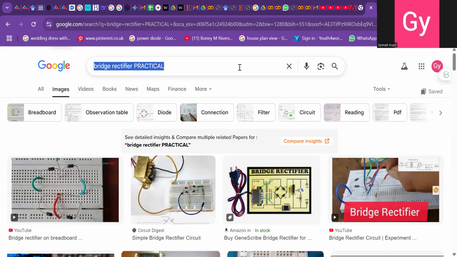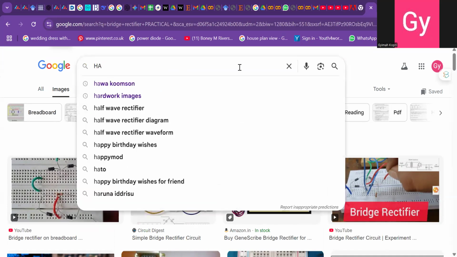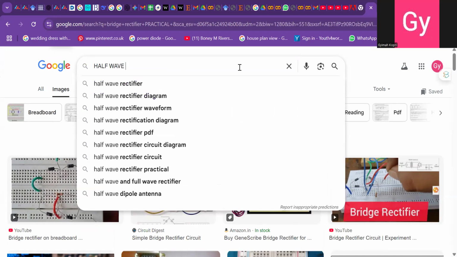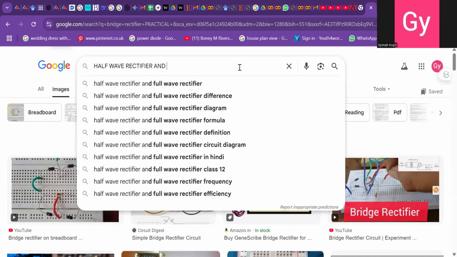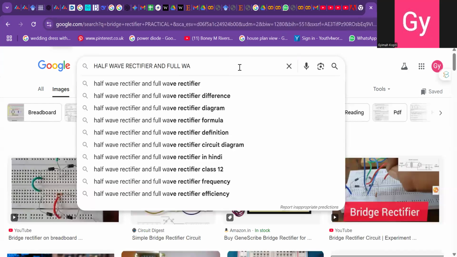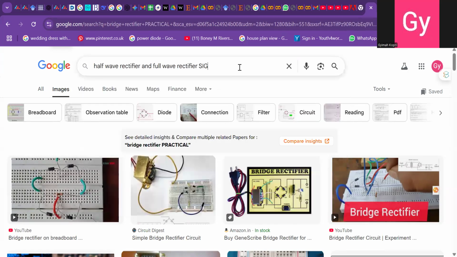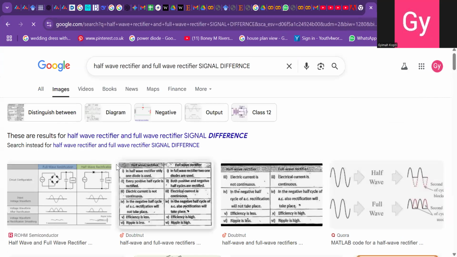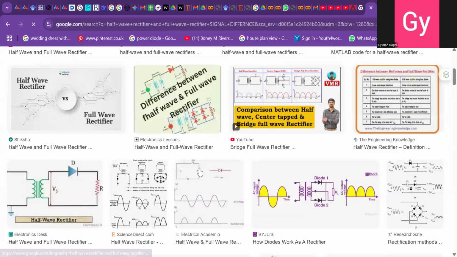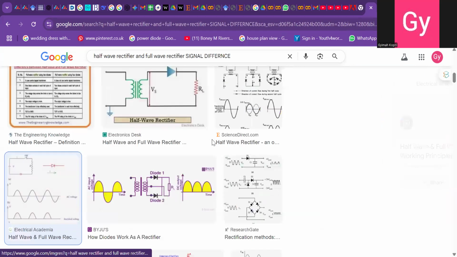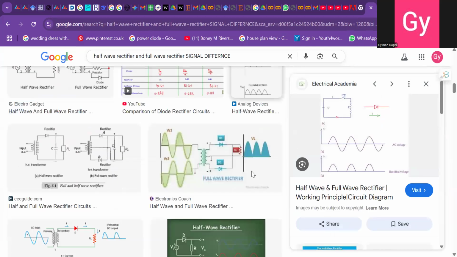So when we talk of the half wave rectifier and full wave rectifier signal differences, if you look at their output signals, this is how it looks like.